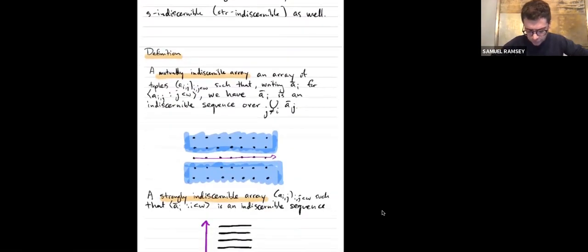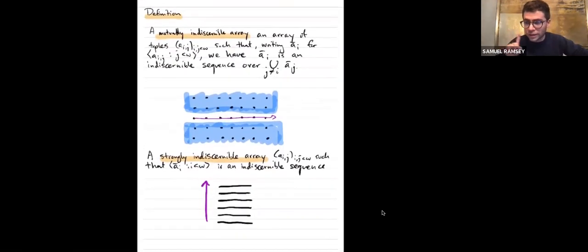All right. And then before we get to the theorem, I want to talk about one other kind of indiscernible structure. So the first one is called a mutually indiscernible array. Okay, so what is a mutually indiscernible array? You have an array of tuples indexed by pairs of natural numbers. You have a_ij, and we think about this as a big matrix, right?